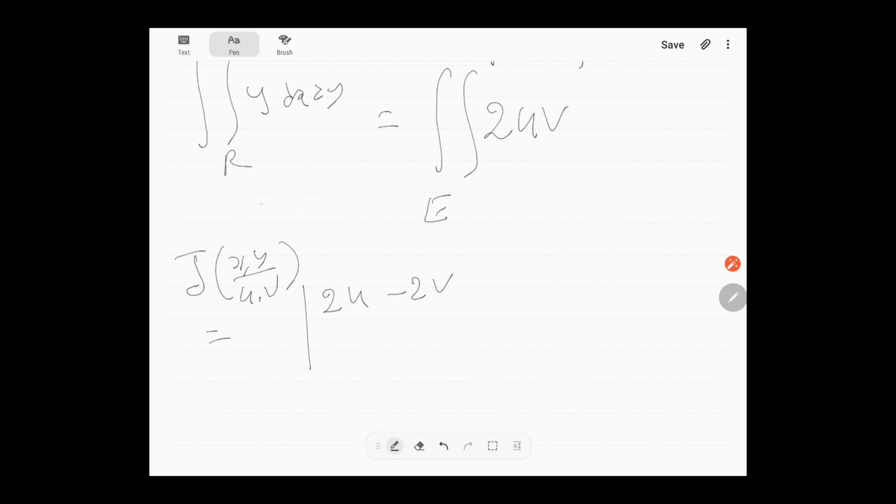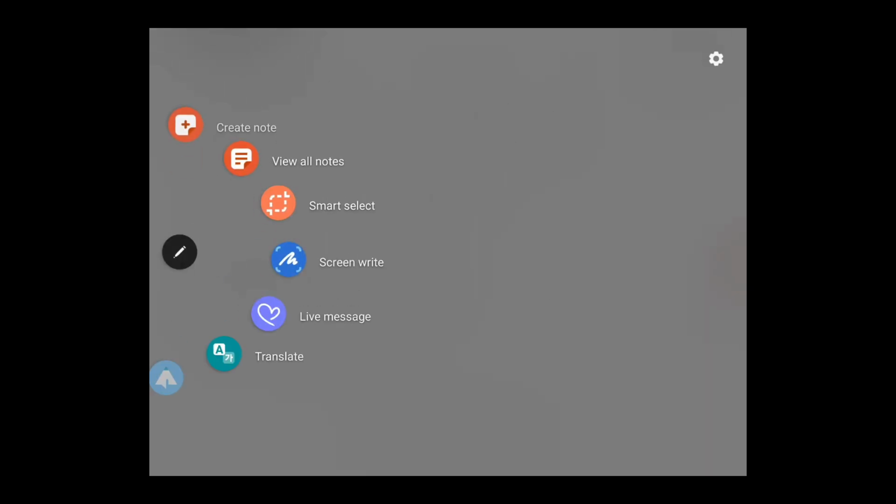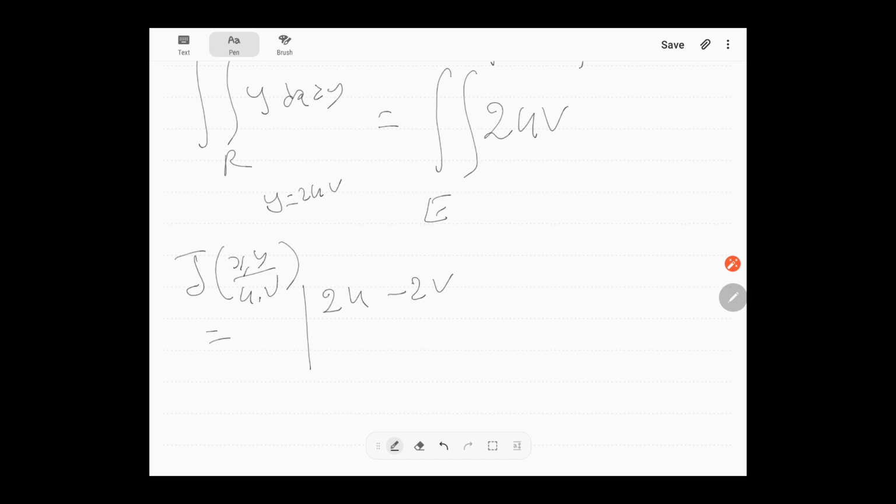Another transformation is y is equal to 2uv, and dou y by dou u is 2v and dou y by dou v is 2u. So that it will be 4 times u square plus v square. This is my Jacobian. So Jacobian times 4 times u square plus v square du dv.